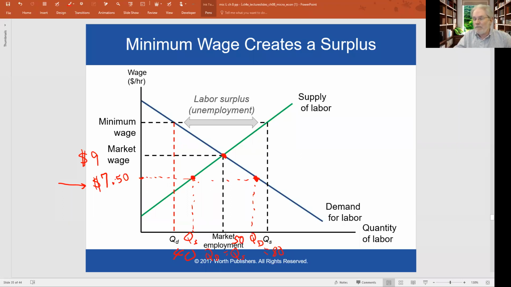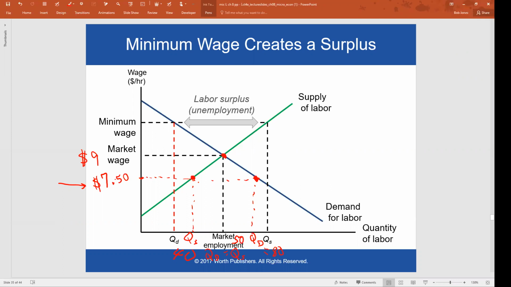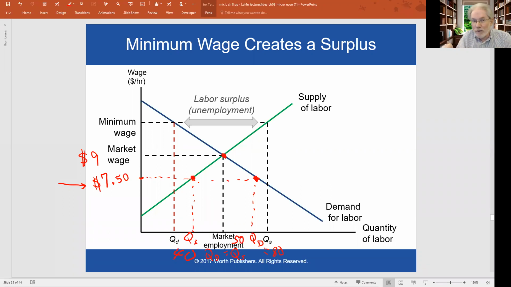But the important thing to see here is that if there is a minimum wage imposed of $7.50 an hour, that will not cause a shortage of labor. Let me say that again. If the wage is $7.50, then there will be a shortage. But if we impose a minimum wage law of $7.50, that will not cause a shortage.